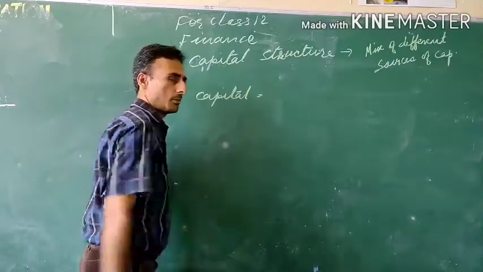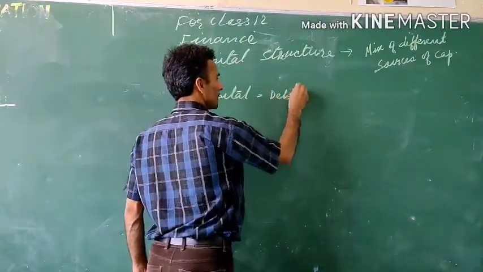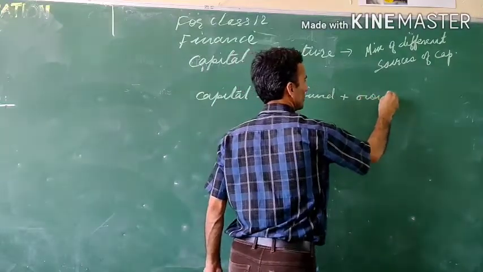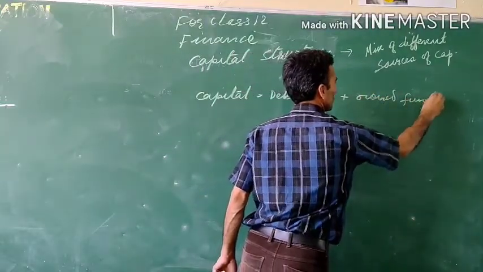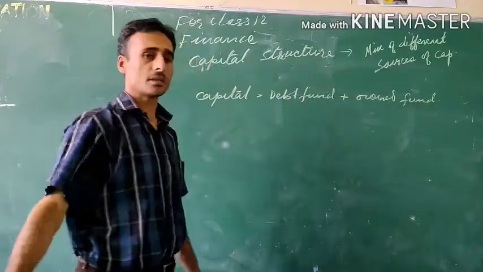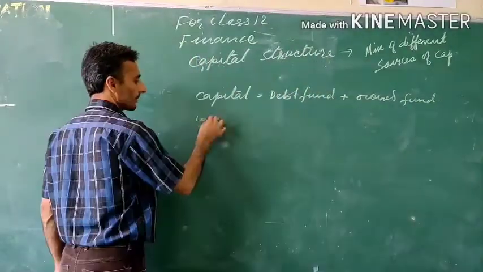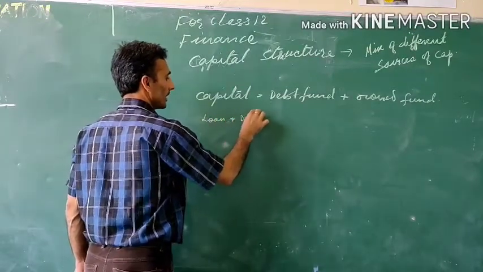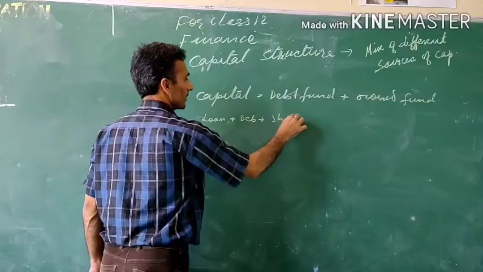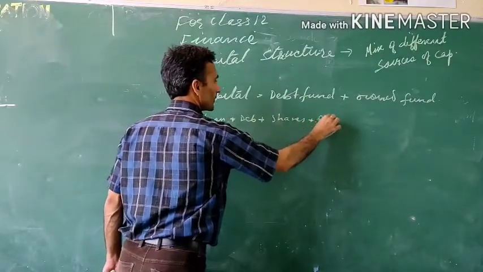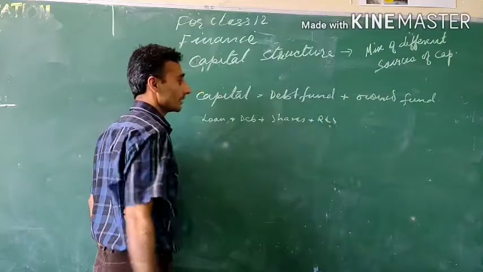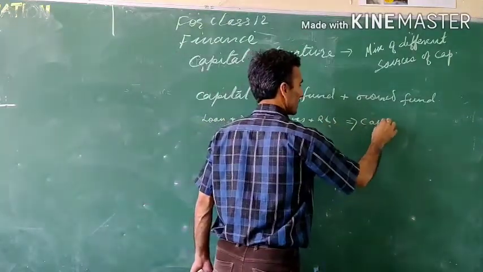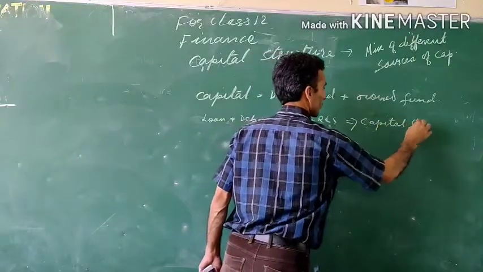The capital of a company can be loan capital, which is also known as debt fund, plus own fund. The use of loan plus debentures plus shares plus reserve and surplus or retained earning all together will be considered as capital structure.